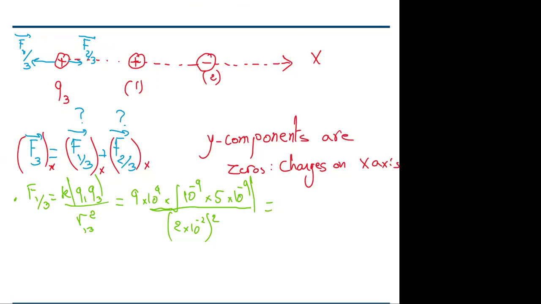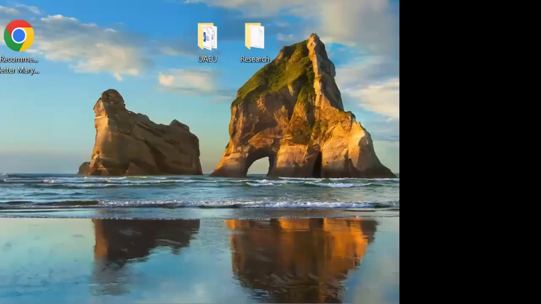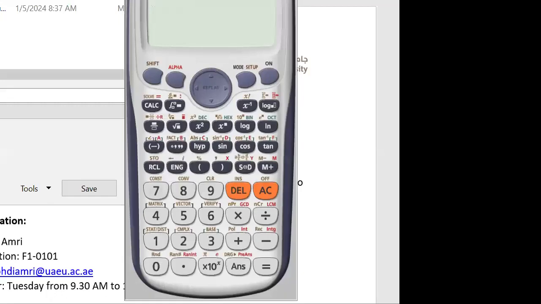What will be the result here? Let me try to calculate and use the calculator with you.